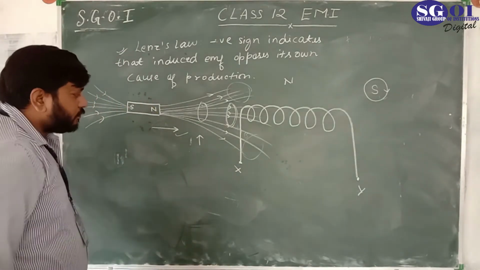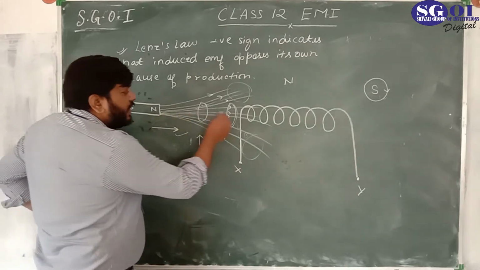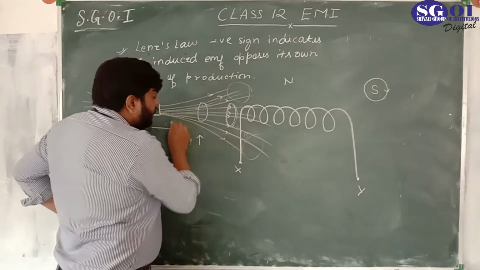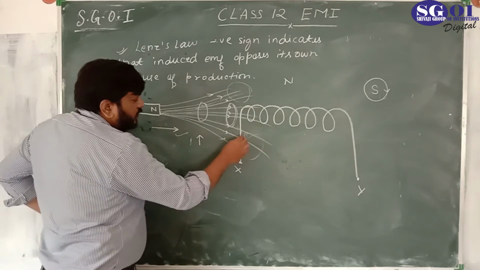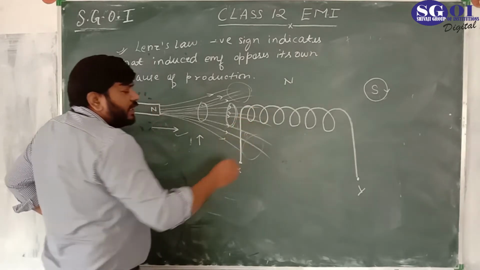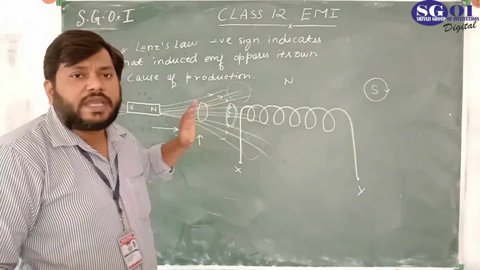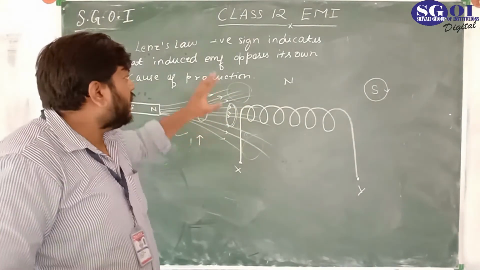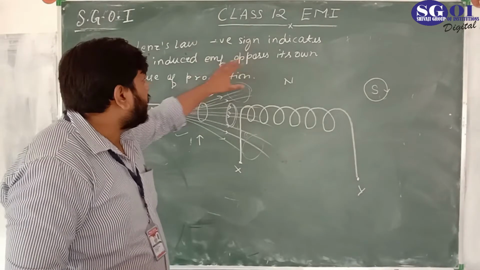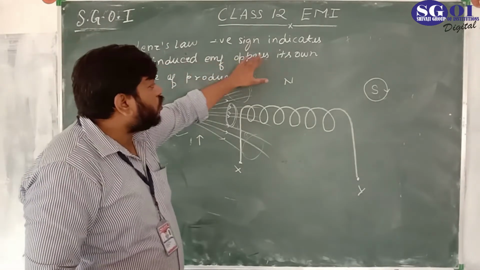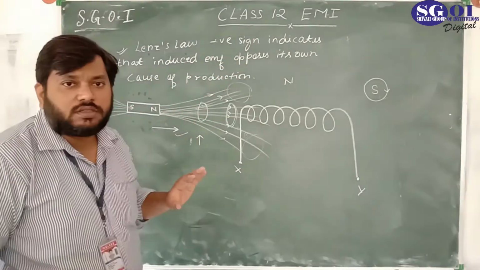Let's see. We are seeing that EMF is induced because when we move this bar magnet toward this, the number of magnetic field lines increases and there is a change in magnetic flux linked with the coil. And this is an indicator that the induced EMF opposes its own cause of production.